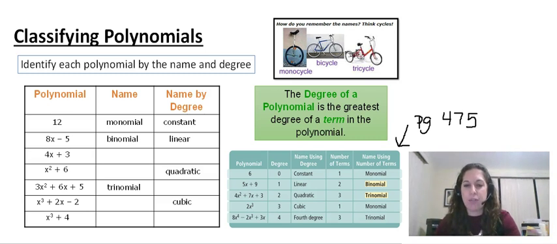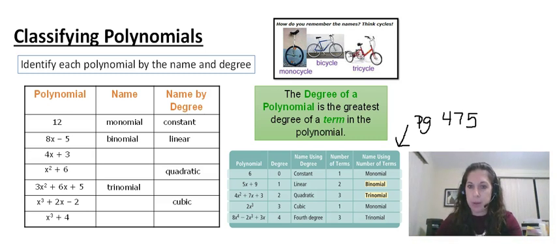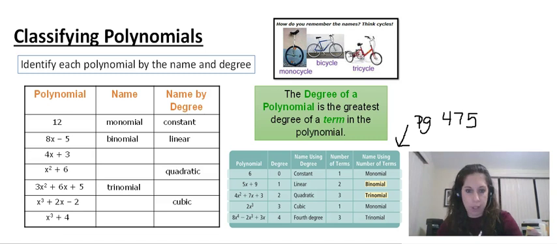You are classifying by the degree of the polynomial and the number of terms. So remember your degree is that exponent, and your terms is the number of things you are adding and subtracting together. So if you look at this chart, if we have just a constant, it's called a constant. It's just one term, nothing's being added or subtracted, and we call that a monomial.